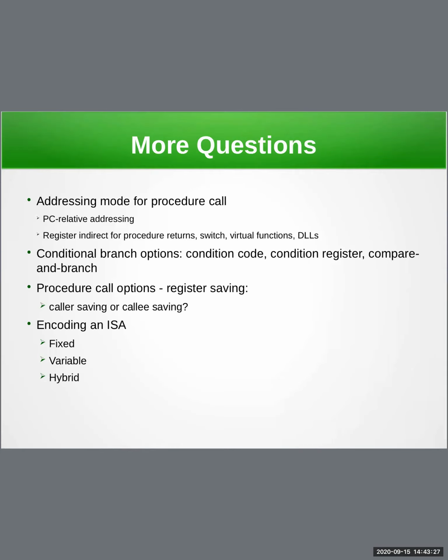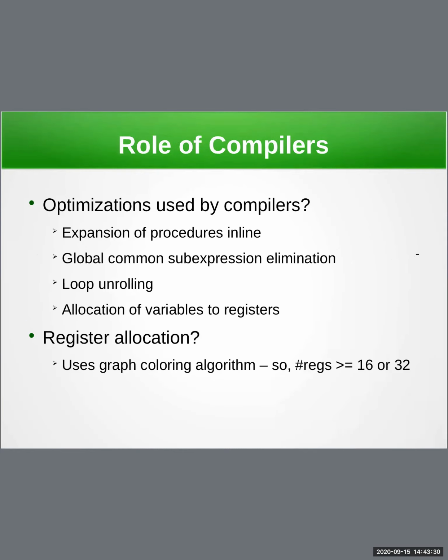Now, coming to register allocation, let me first talk about that because that's probably easy to understand. The question is, how many registers should we have in your architecture? The thing is that in the latest compilers, I believe, I'll only say I believe because I haven't read compilers since my BTech.